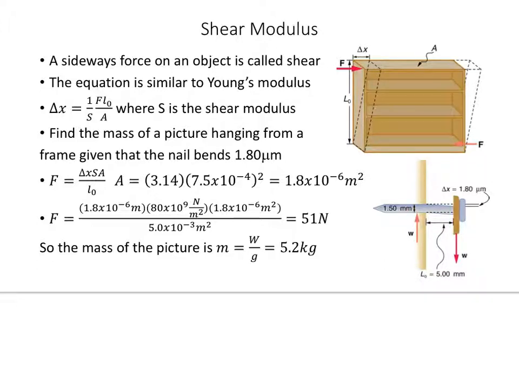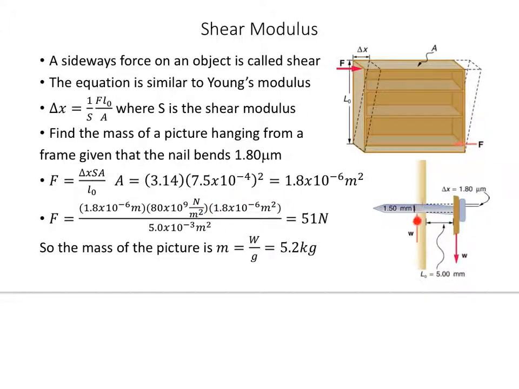Okay, so we go back to this equation. Delta x is going to be the amount of shear, which is 1.8 micrometers, 1.8 times 10 to the negative 6 meters. S would be the shear modulus, 80 times 10 to the 9th. That's a value from the table. A is going to be, in this case, the cross-sectional area of the nail.